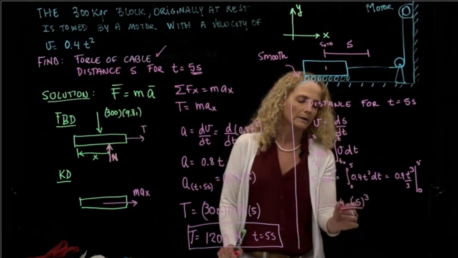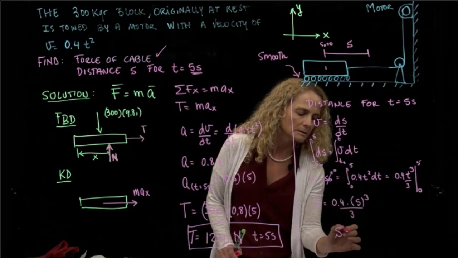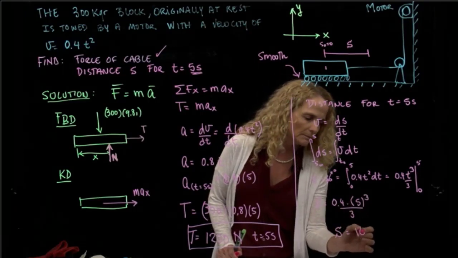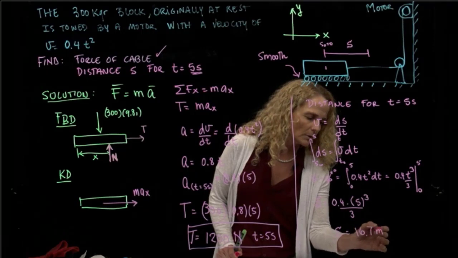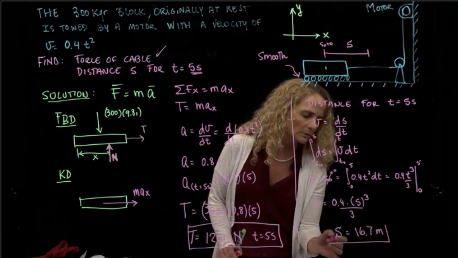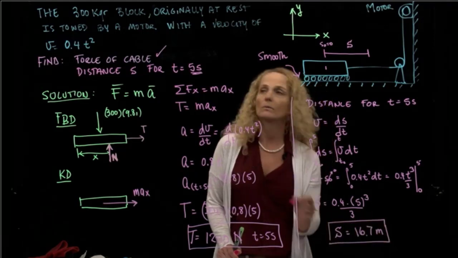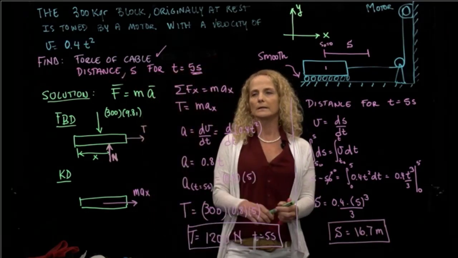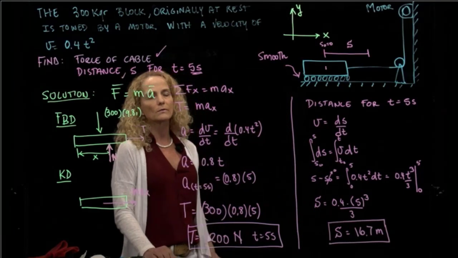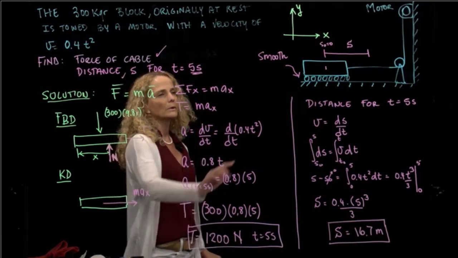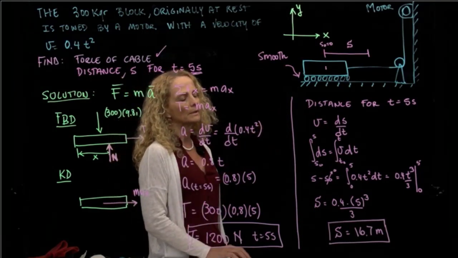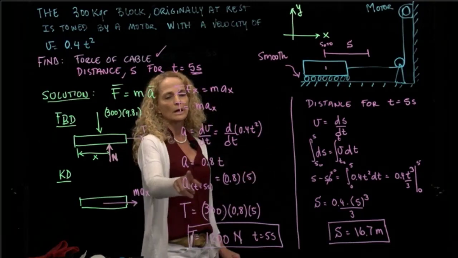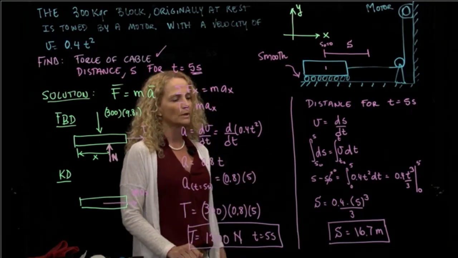And if we calculate that, that gives us our distance, which is equal to 16.7 meters. So we calculated also the distance. We calculated our tension with the equations of motion, and we calculated our distance simply using the relations between distance and velocity, and we also used the relation between acceleration and velocity.